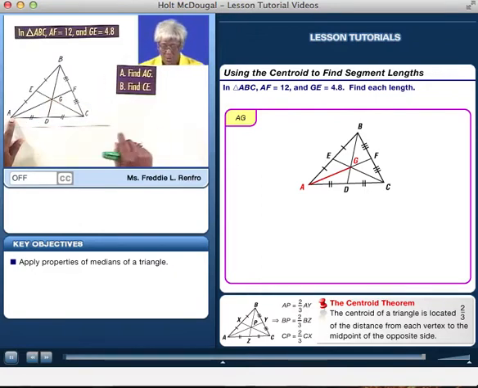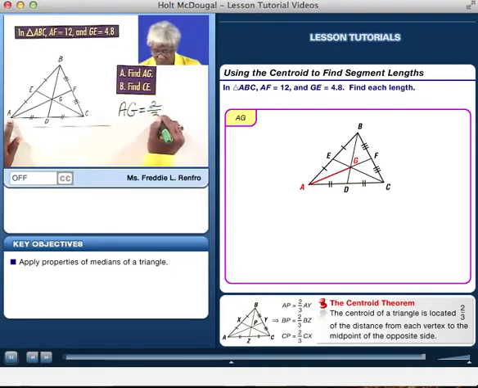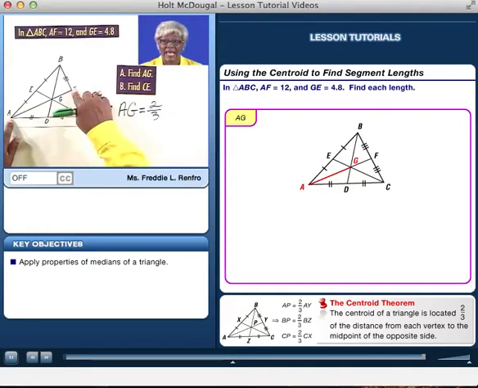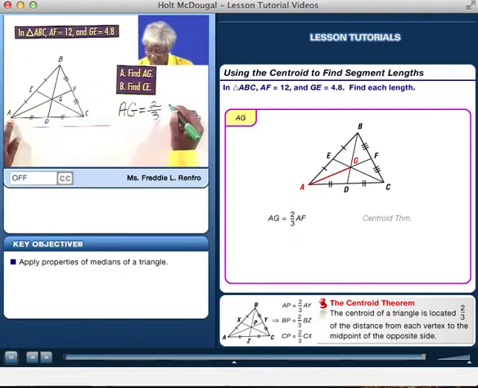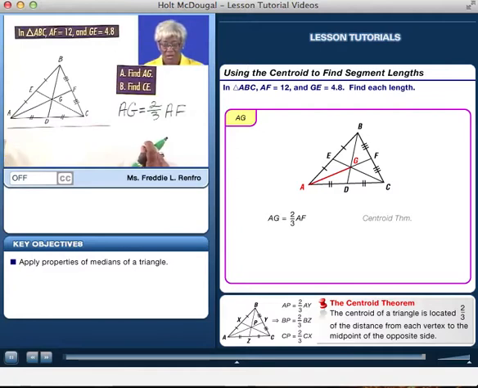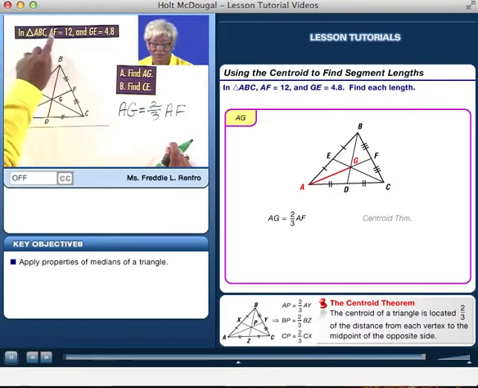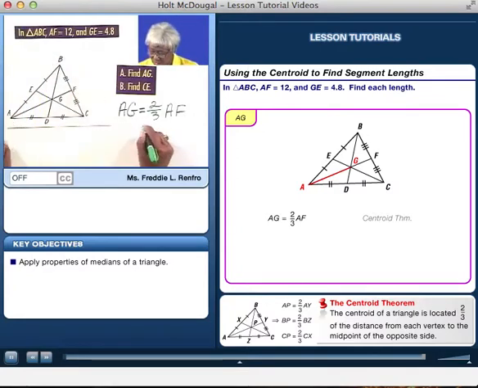All right. Well, remember the centroid theorem: AG is equal to 2/3 of what? AF. But we know AF is equal to 12.